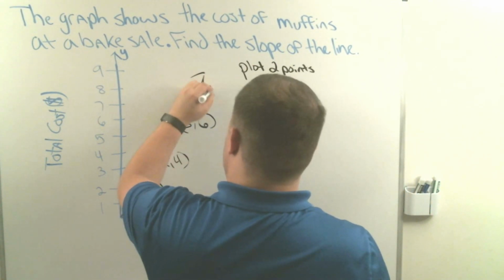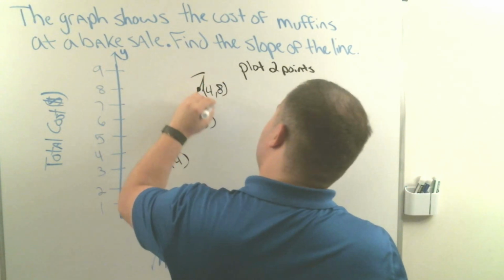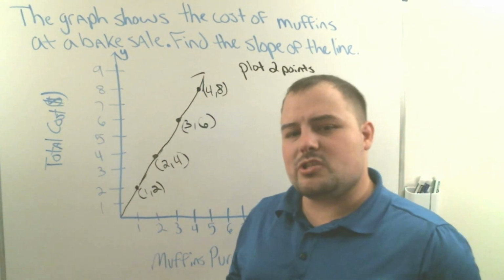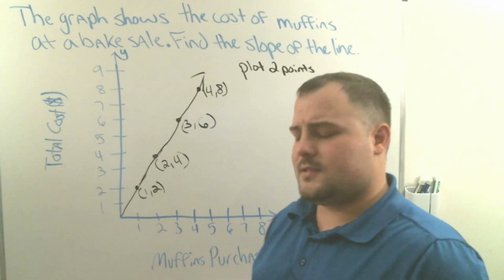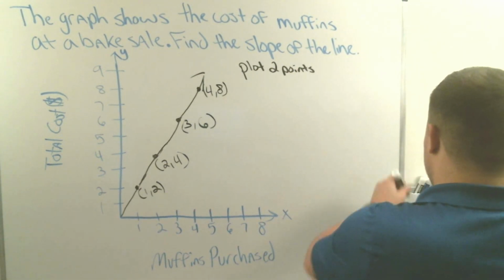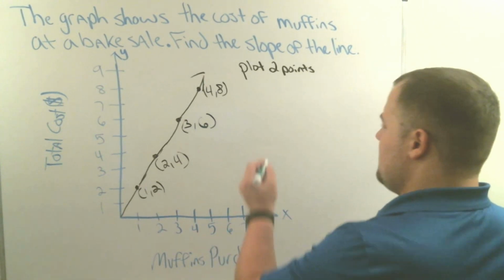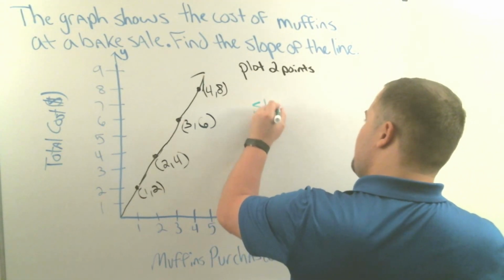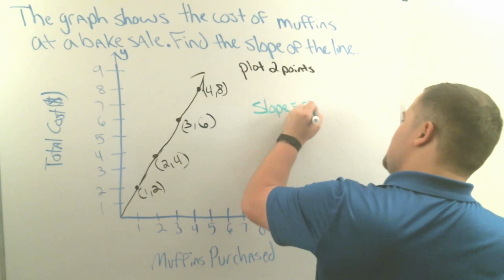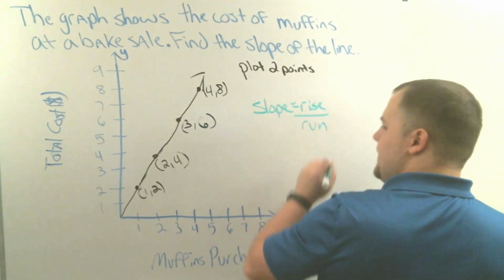It's at 4 and 8. All right. So you can put as many points as you want on a line, but you only need 2 to find the slope. So to find the slope, we're going to figure out the rise, and then we're going to figure out the run, because slope is equal to our rise over our run.